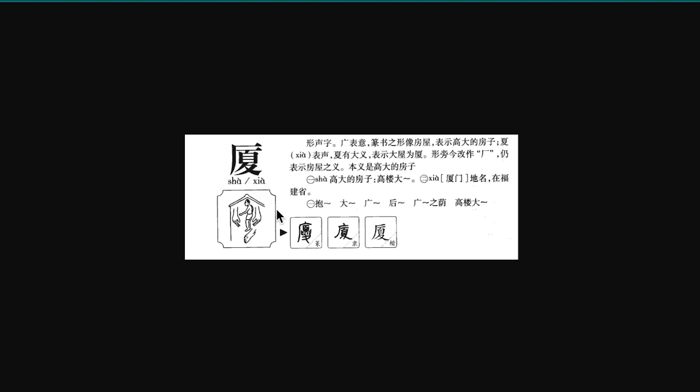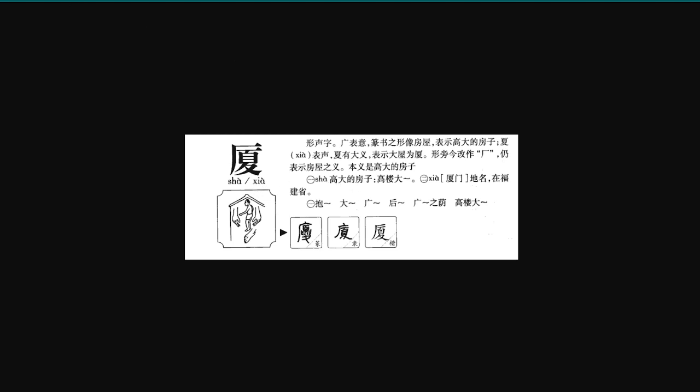This sha means summer, but the other meaning is grand, great, big. For example, Chinese people sometimes refer to themselves as 华夏. So 华夏 has this sha right in the middle, which means great, grand. So great people of Hua.